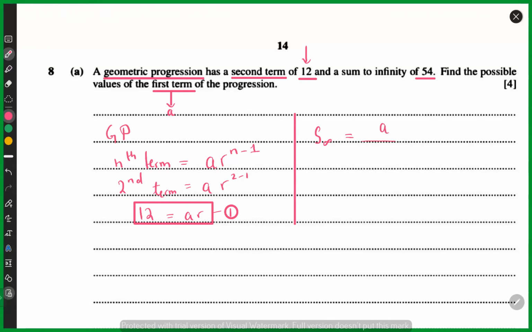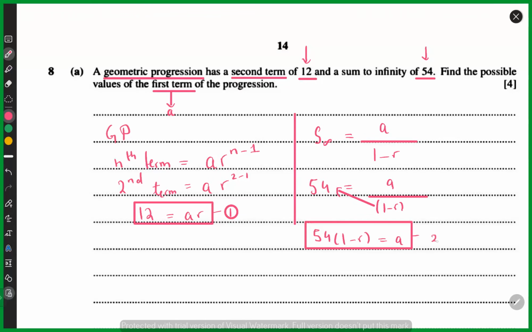So a divided by 1 minus r, and the sum was basically equal to 54. So 54 is equal to a divided by 1 minus r, and now I'll just take this entire thing over here, and this would give me 54 into 1 minus r equals a, and this is going to be my second equation.